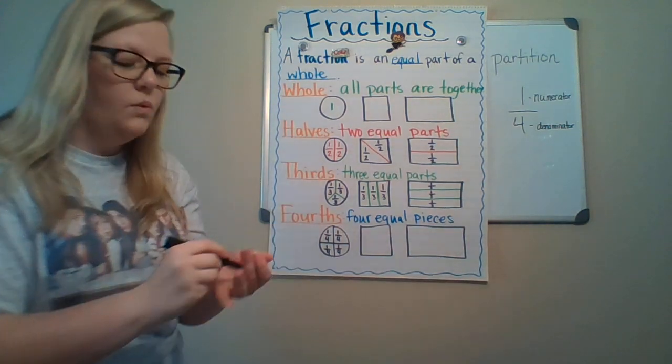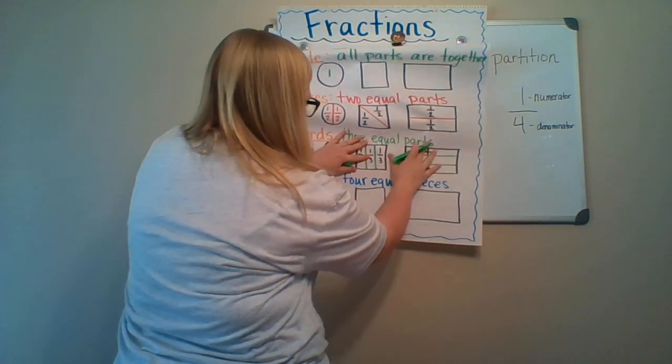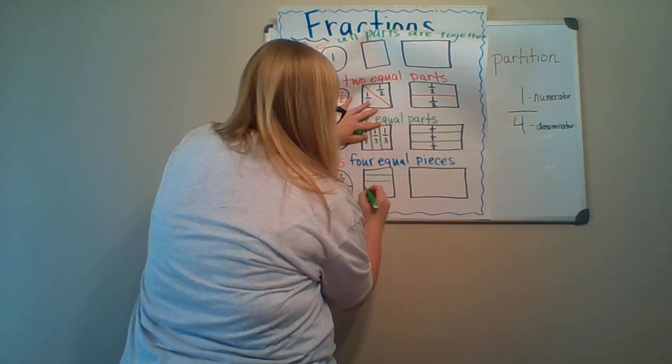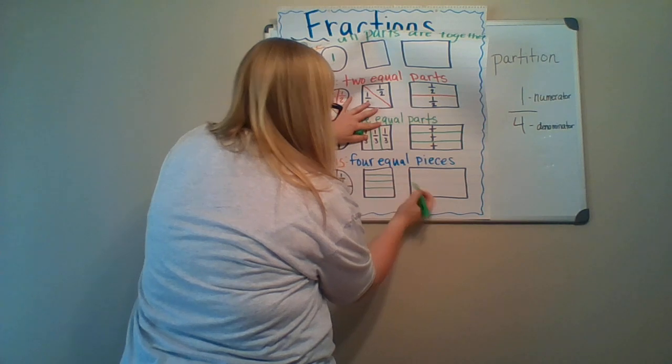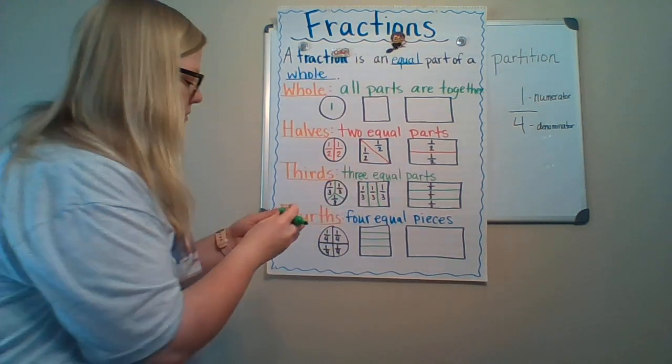Same thing for the square and the rectangle. Let's see. 1, 2, 3, 4. 4 equal-ish pieces. We do the best that we can.